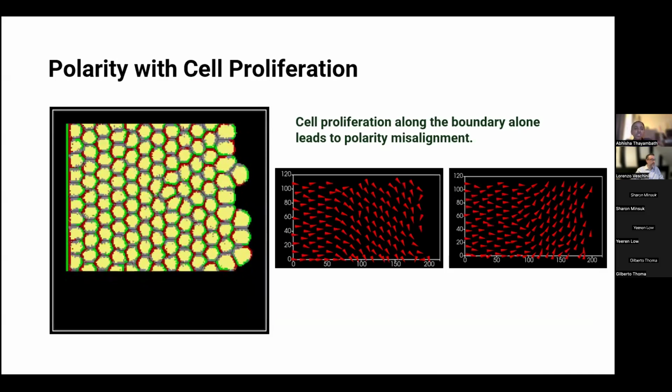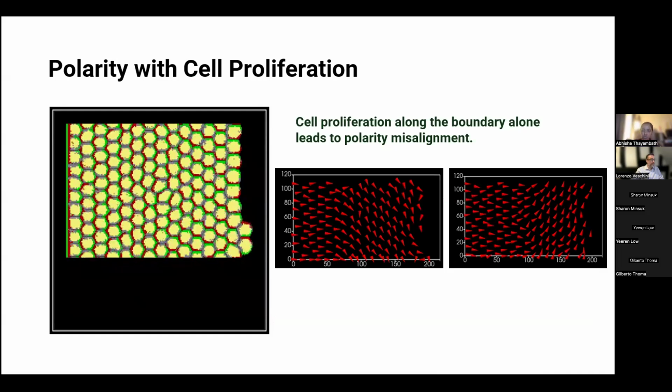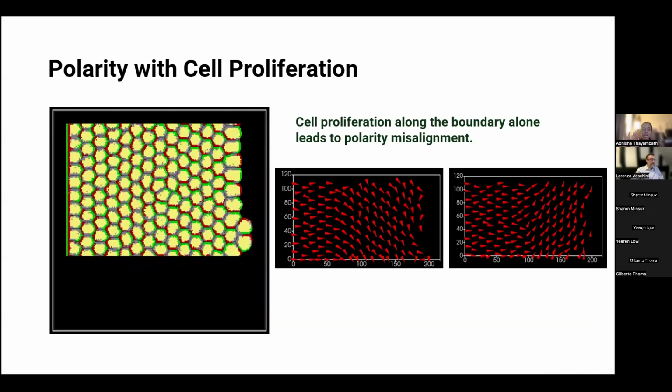This happens mostly because when you divide the cells that are at the boundary, the cell sees the polarity of only half of its neighbors. But if you have an entire tissue and you pick a cell in the middle of the tissue, it sees the direction from all the neighboring cells. So we think this could be the reason why there is a polarity misalignment in this case, and not when you divide cells randomly from a big tissue.